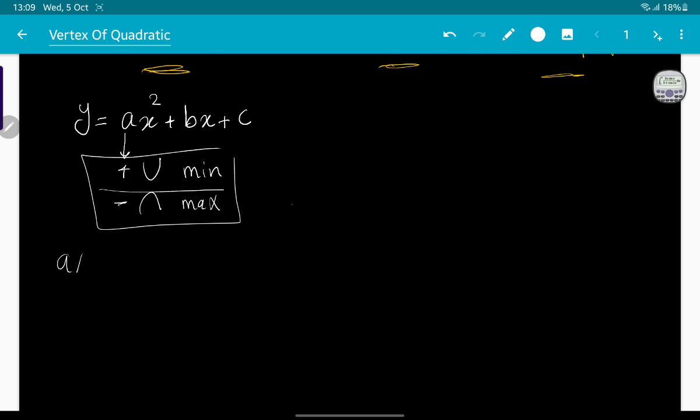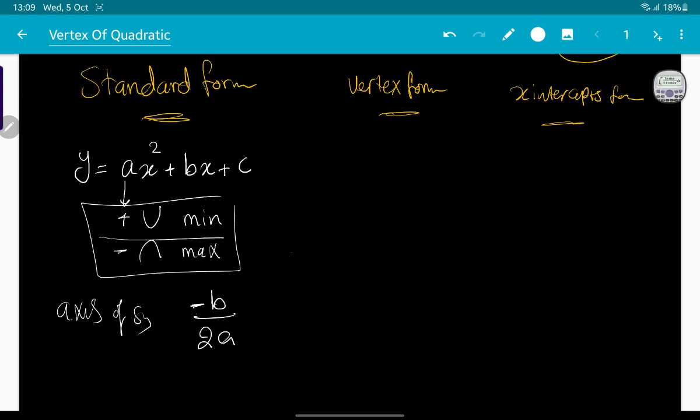Next, how to find the axis of symmetry. We use the formula negative b over 2a, negative b over 2a. So let's go to show you the first example.